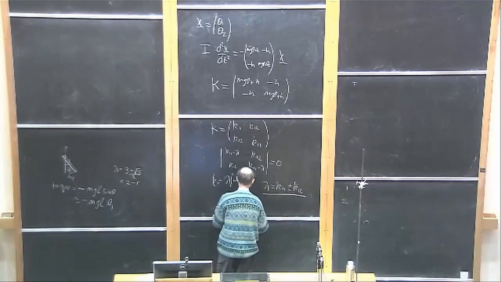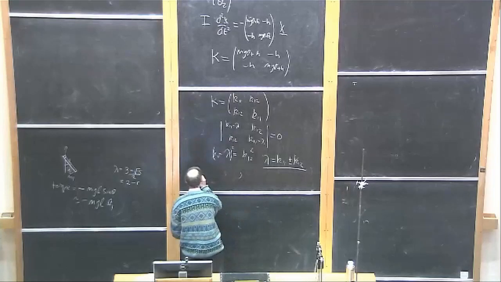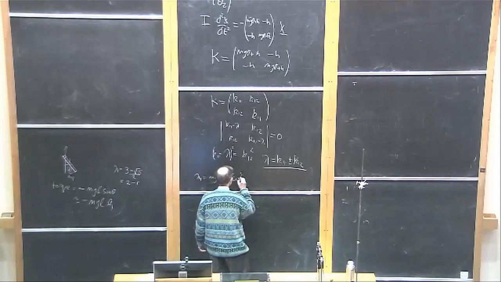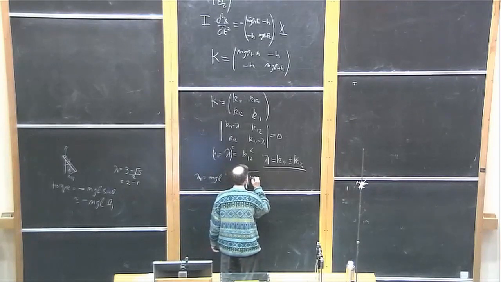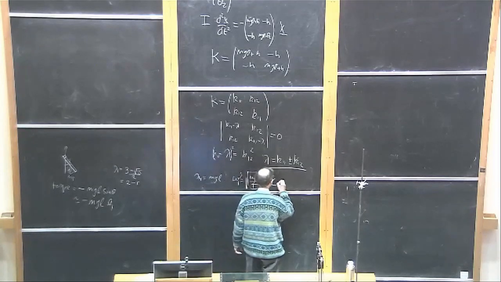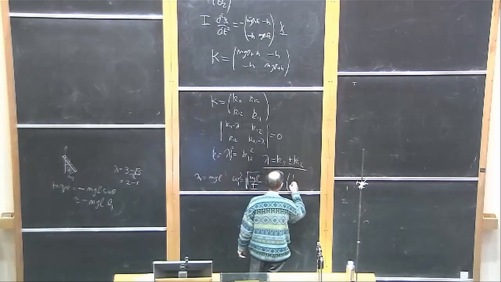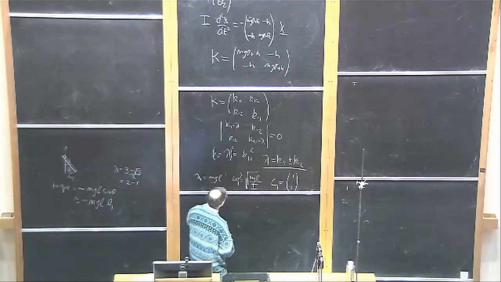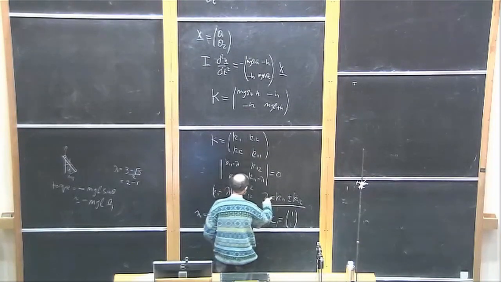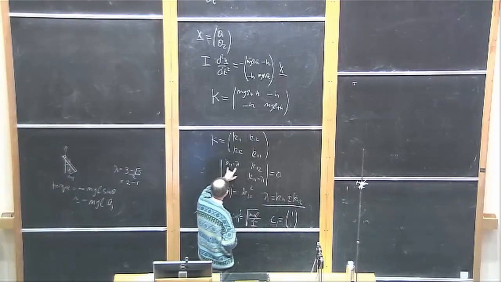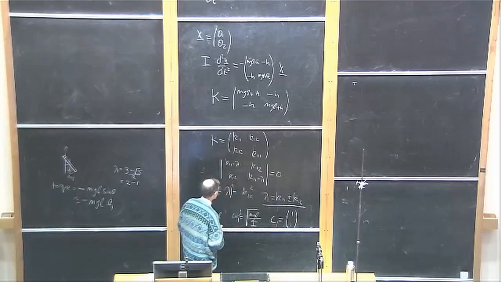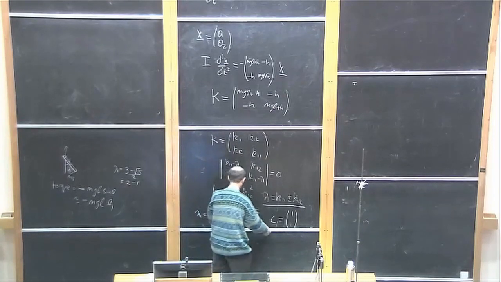So we have lambda 1 is mgl, omega 1 is the square root of mgl over I, and C1 is 1, 1, because if we put K11 plus K12 in here, we get minus K12, K12, K12, minus K12, and the eigenvector in that case is 1, 1.